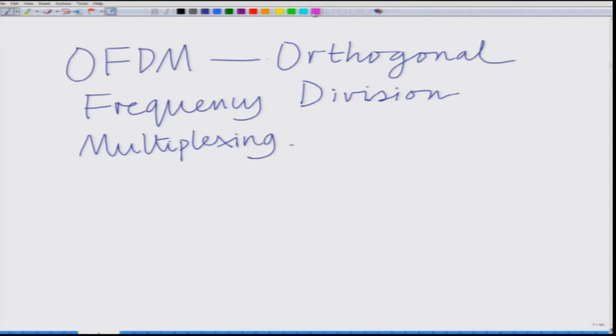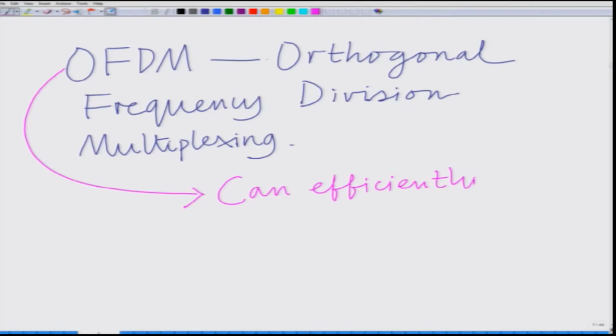And we said OFDM can be used to efficiently overcome ISI, or basically inter-symbol interference.